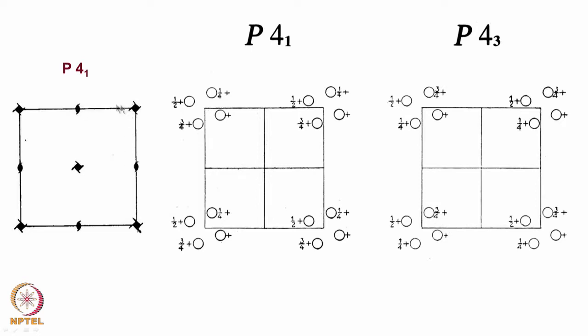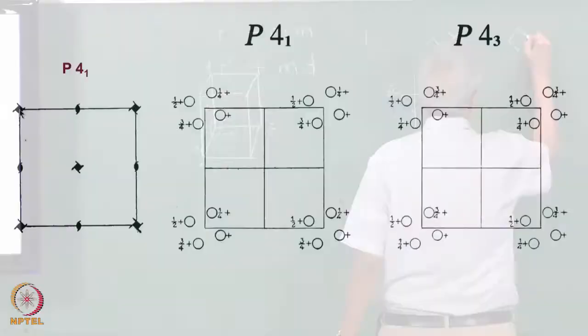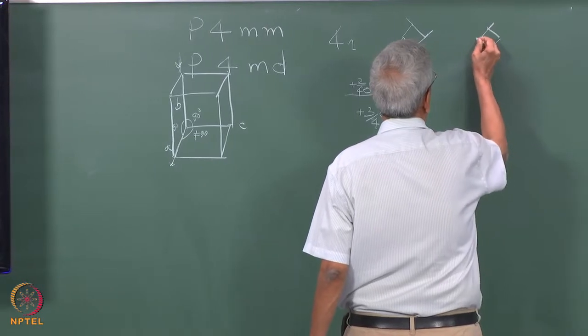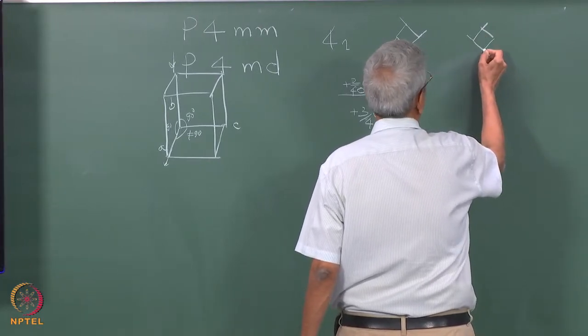What will happen here in this way also we can show what is the other way in which this symbol can be represented, right?